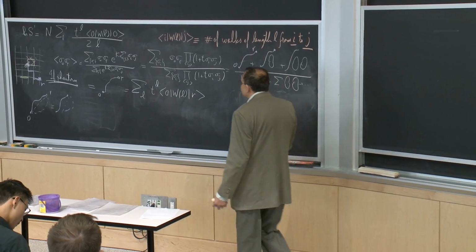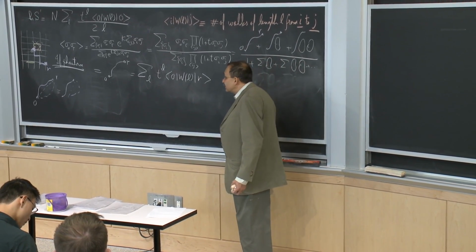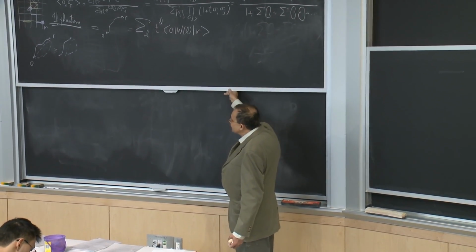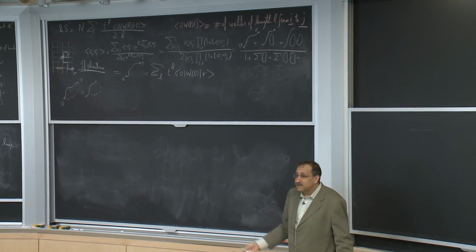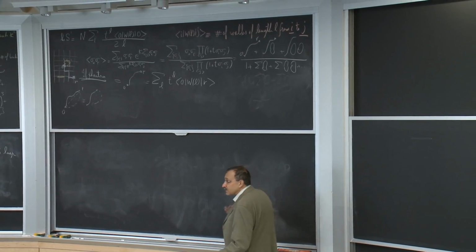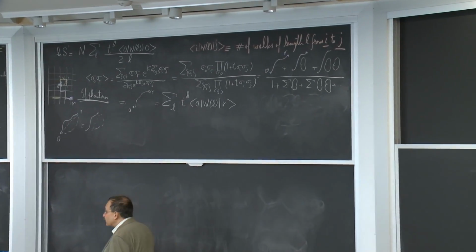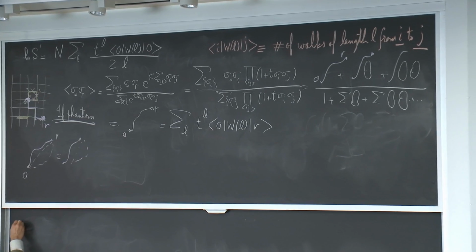So the question is, can I calculate that? And the answer is that calculating the number of random walks is one of the most basic things that one does in statistical physics, and easily accomplished as follows.